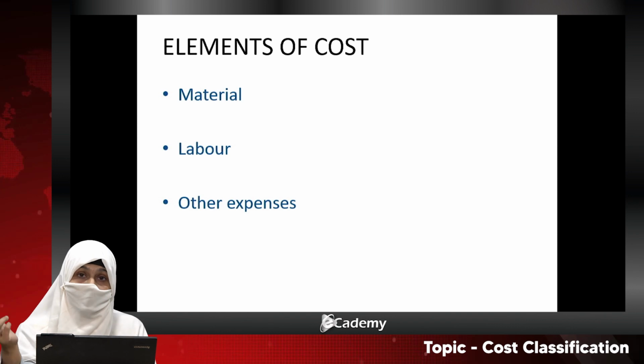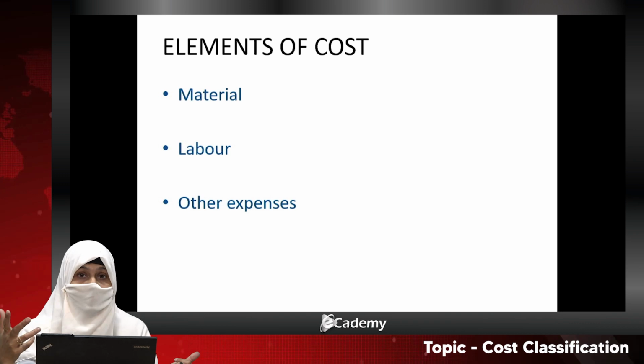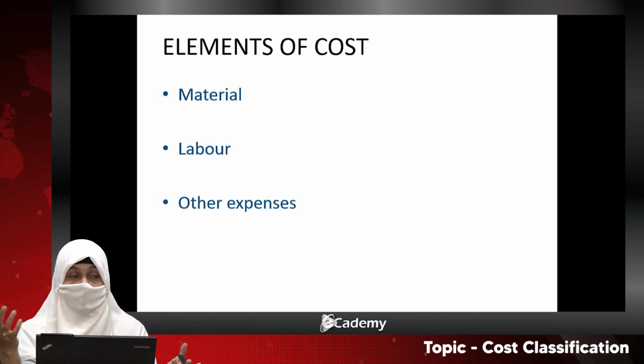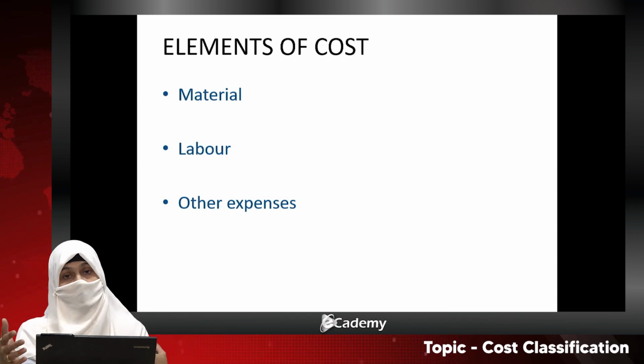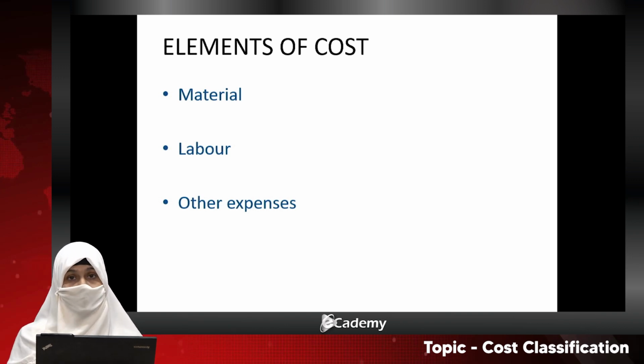Likewise, depreciation expense. Those who don't know about depreciation, it's basically related to non-current assets. The depreciation expense is not a material, it's not a labor. It comes under the head of other expenses. Interest expense is not a material, it's not a labor also. It also comes under the head of other expenses. So other expenses is a very broad category. If you think that the expense is neither a material nor a labor, then obviously it would come under the head of other expenses.